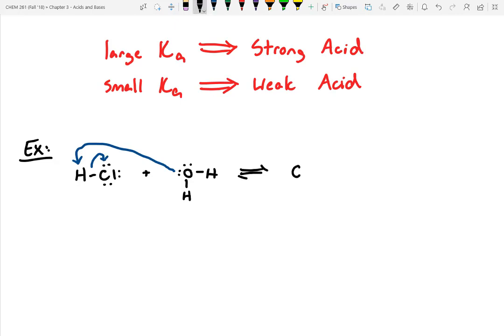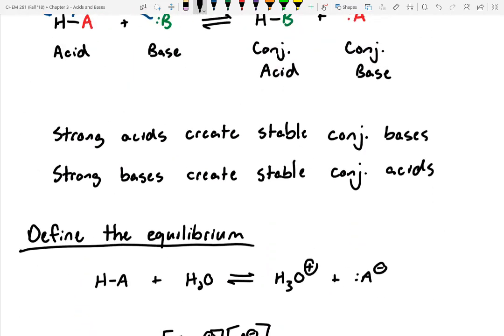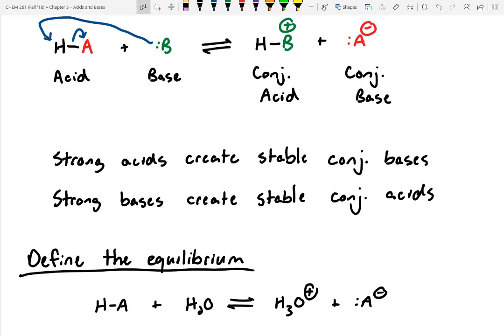And our conjugate base, in this example, is going to be chlorine with the negative charge, plus our hydronium ion. Classic, easy example. If we think about HCl, why do we consider it a strong acid? 100% dissociation. And if you remember back up here, I said strong acids create stable conjugate bases.